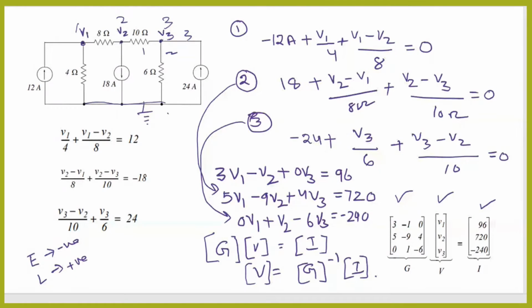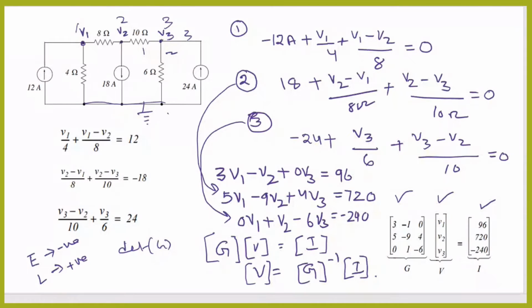Okay. So how to solve, you know? First you have to find the inverse. First you have to find the determinant of that matrix. So find det G, the determinant of G, and find the cofactors of each element.